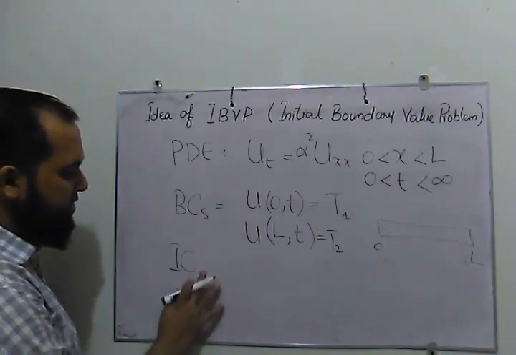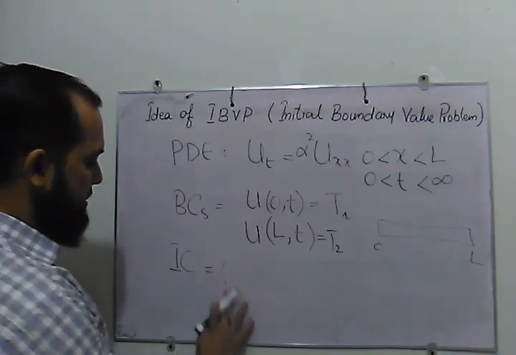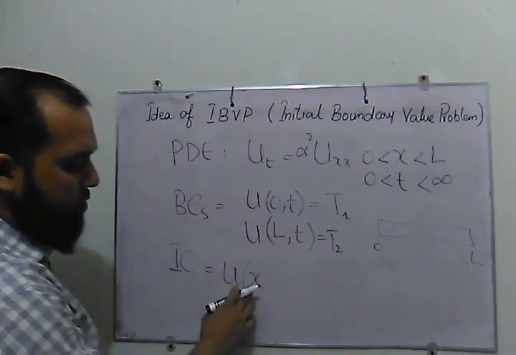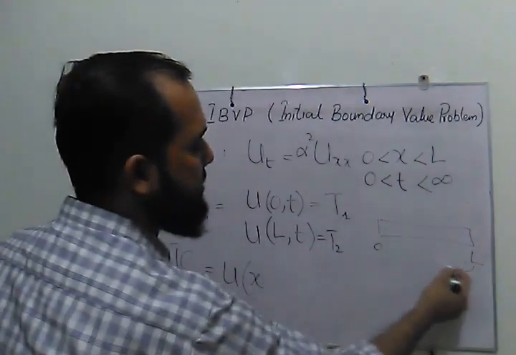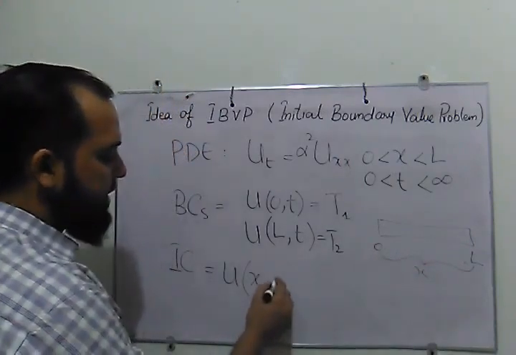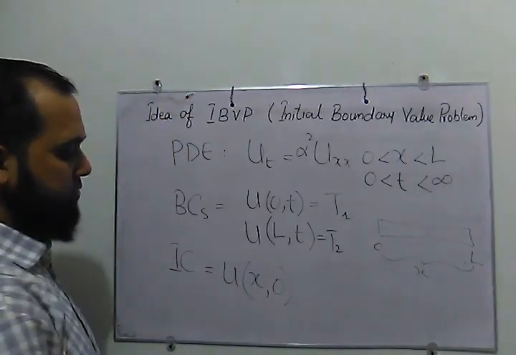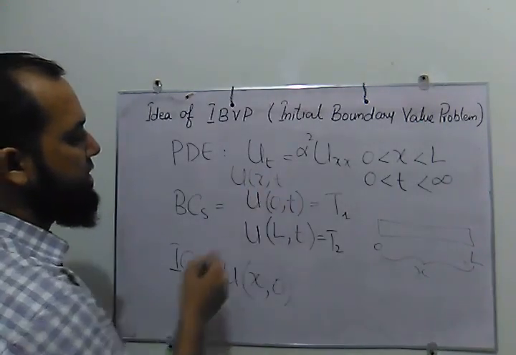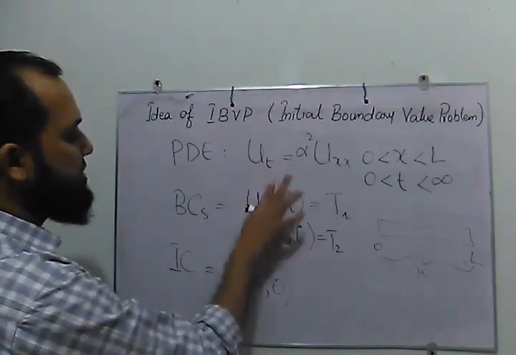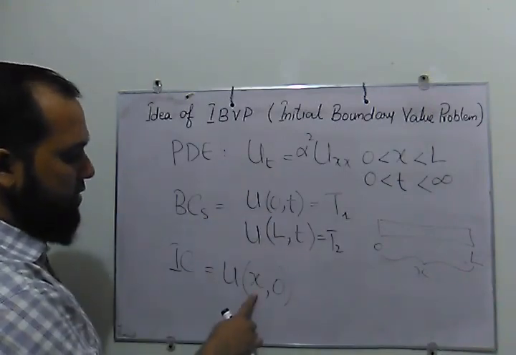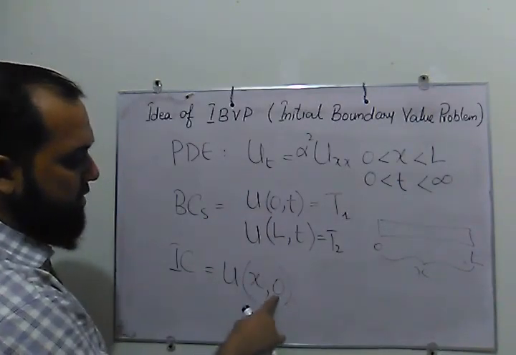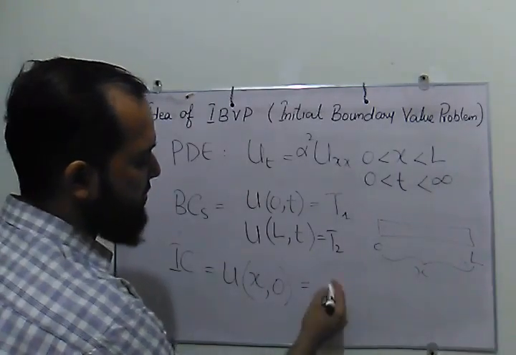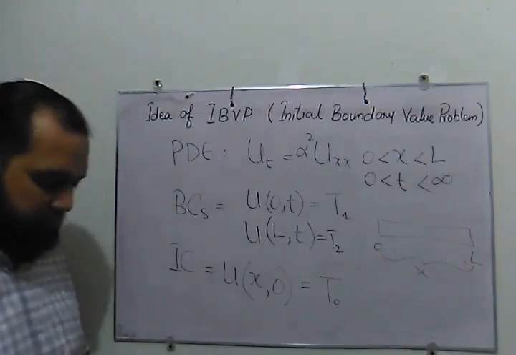The initial condition, there is only one initial condition, is the temperature in the whole rod, because X represents the whole rod. This is total X at time 0. Since the temperature is a function of position and time, we represent here the whole position, and at time 0 the temperature was 10 degrees centigrade, or generally we call it T0.